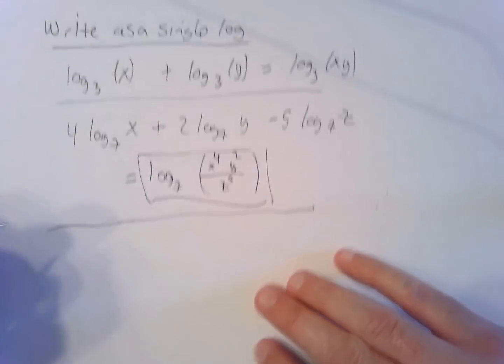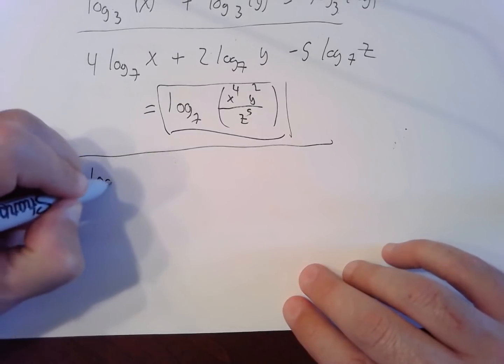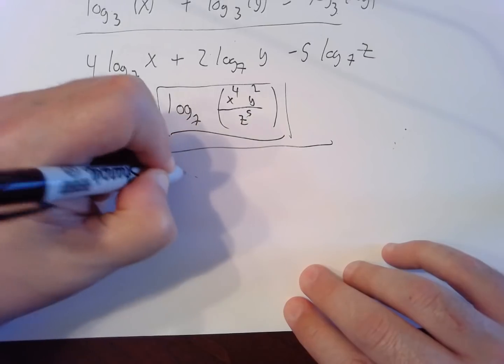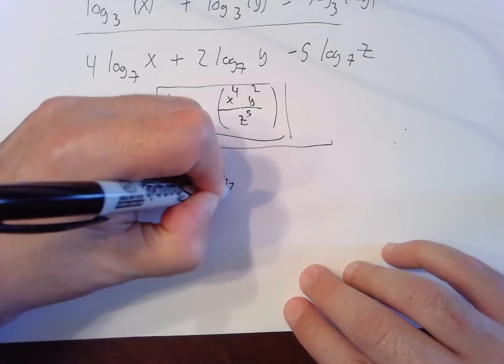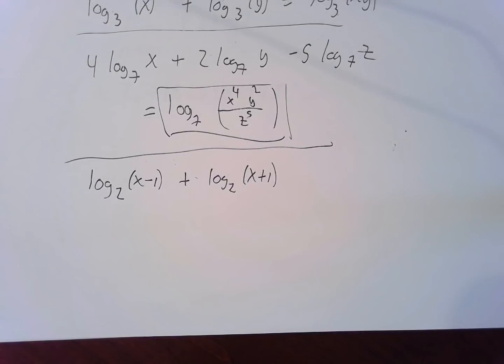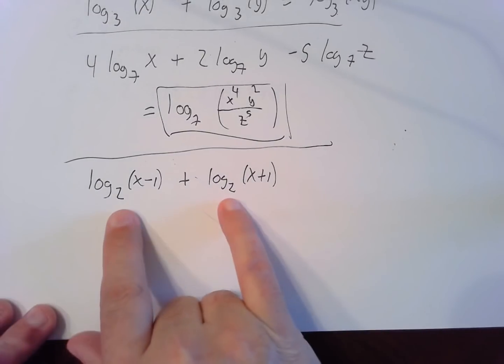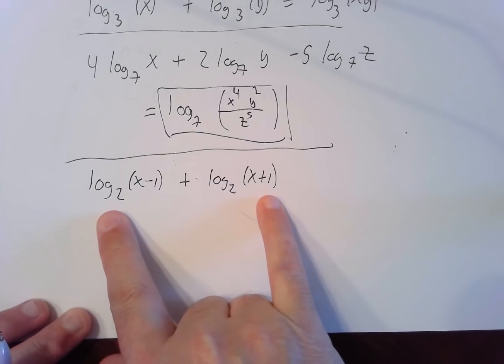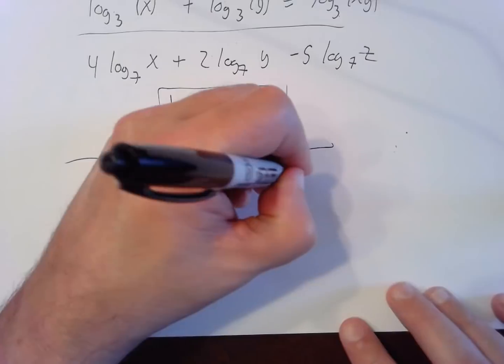Okay, what if I had log base 2 of x minus 1 plus log base 2 of x plus 1? I've got two things, same base. It has to be the same base or we can't do this. Added outside, we'll get multiplied inside.